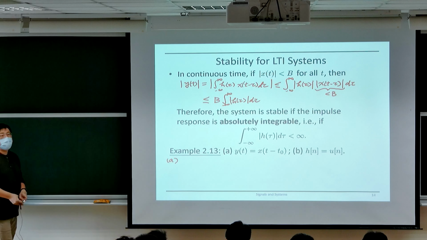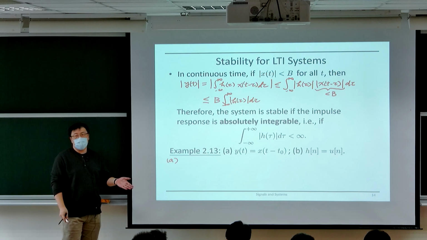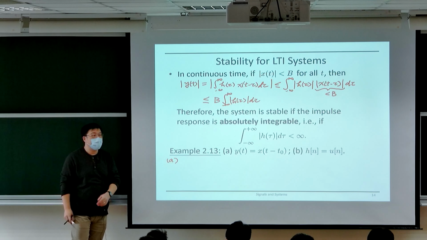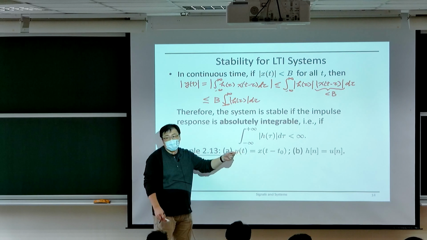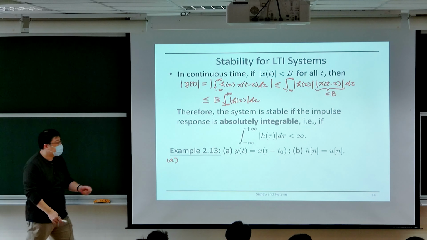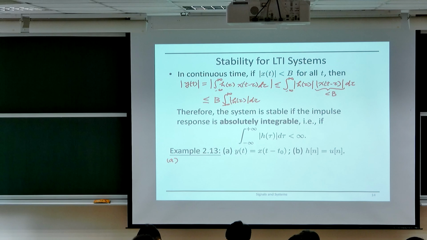The impulse response is the response to an impulse, so it is what you get if you take x as delta of t. In that case, h of t is equal to delta of t minus t naught.